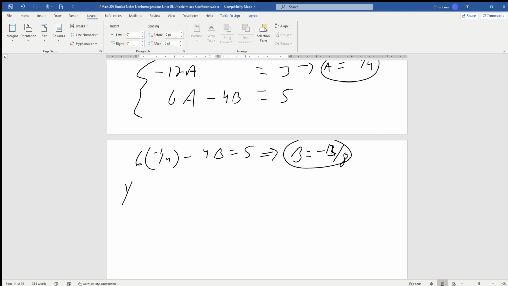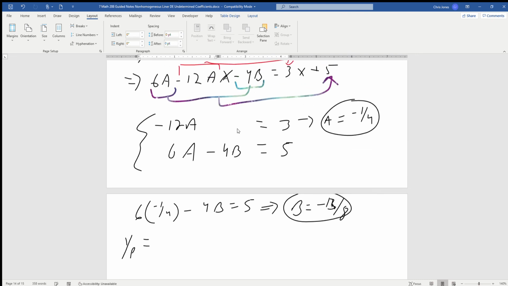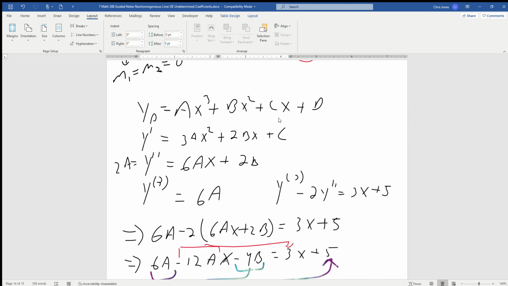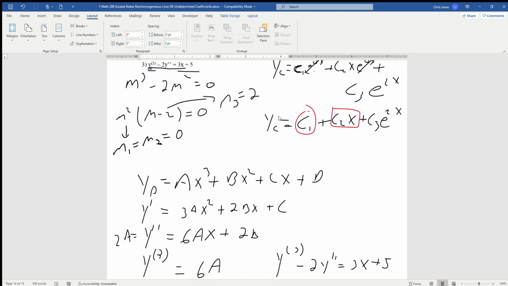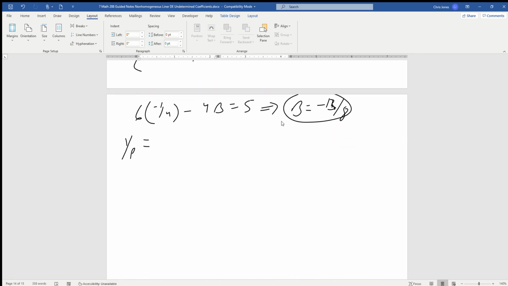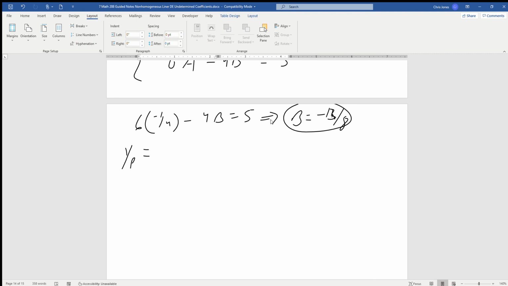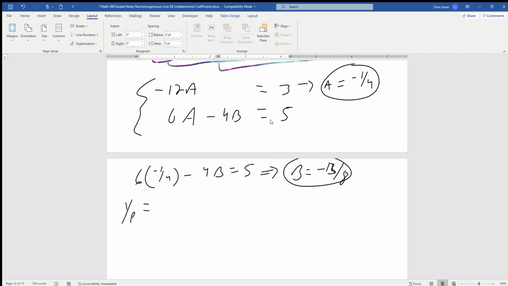So remember yp. It doesn't say anything about c or d, and that's okay, because cx is the same thing as c2x, and d is the same as c1. We really don't need those, but I'm going to show you what happens for this anomaly sort of problem. So yp equals negative 1/4 x cubed minus 13/8 x squared plus cx plus d.